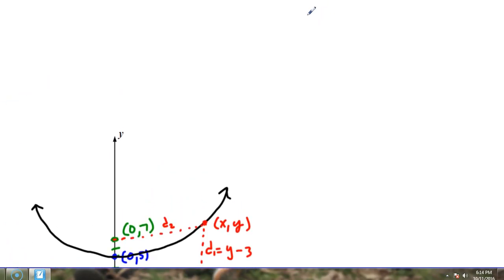First, the distance from the point (x, y) to the focus would be d equals, using my distance formula, the square root of (x minus 0) squared plus (y minus 7) squared.